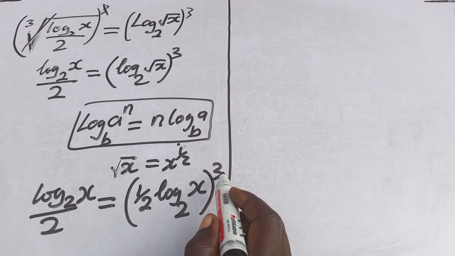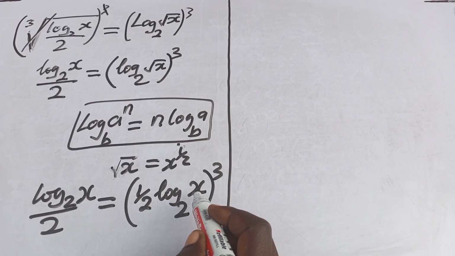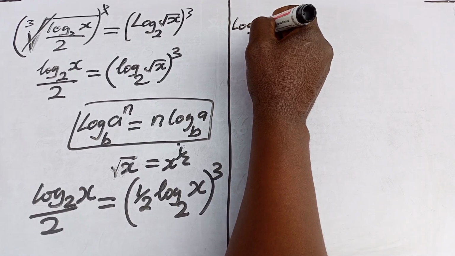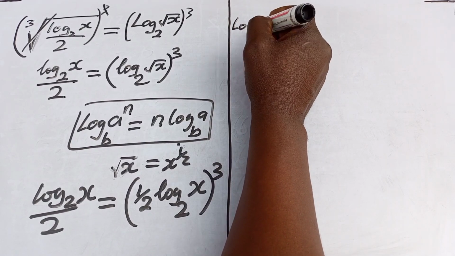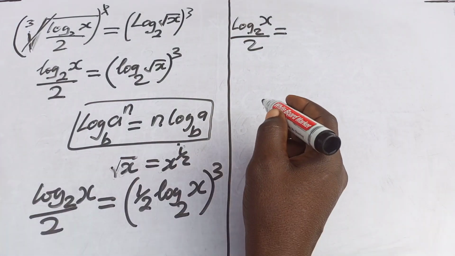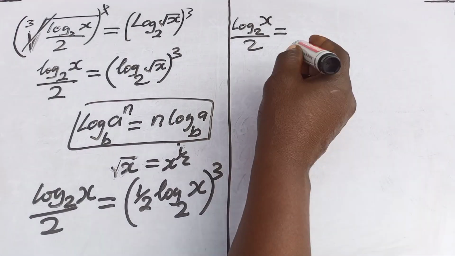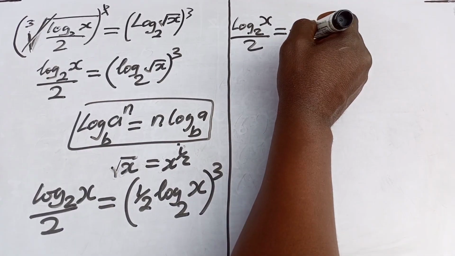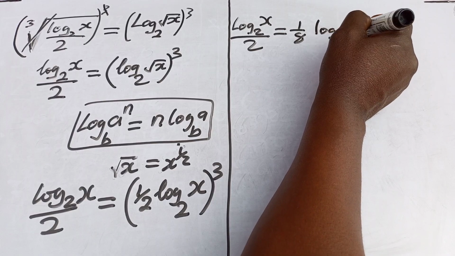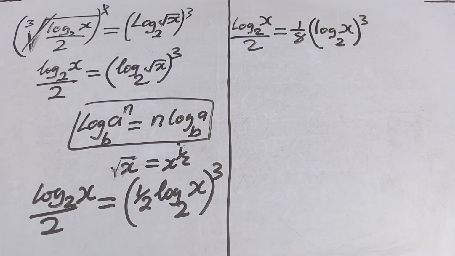This power 3 out here is going to affect this half and will affect this log. So we have log to the base 2 of x all over 2 is equal to a half raised to the power 3, which is 1/8, times log to the base 2 of x, this one now raised to the power 3. That's what we have.